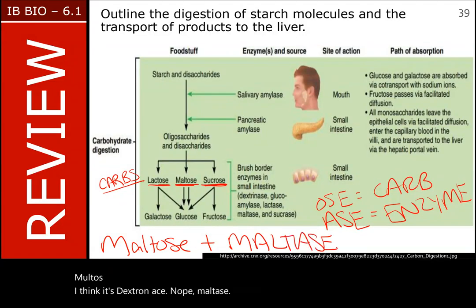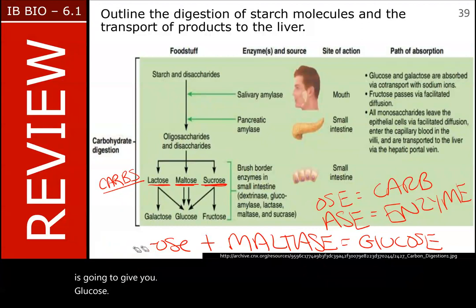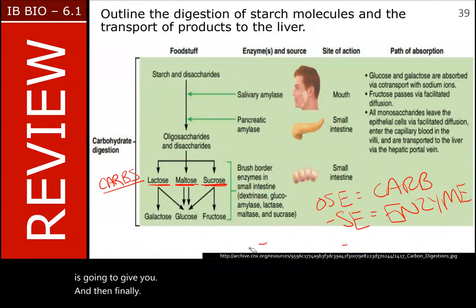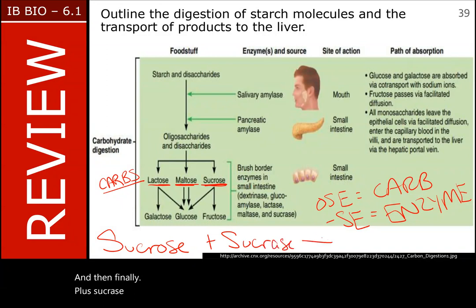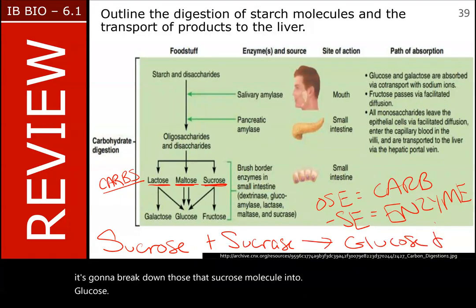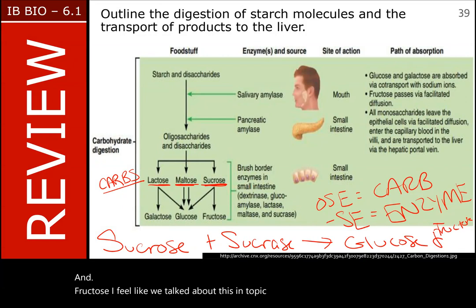Maltase is going to give you glucose. And then finally, sucrose plus sucrase is going to break down that sucrose molecule into glucose and fructose. I feel like we talked about this in topic 2, but that's okay.